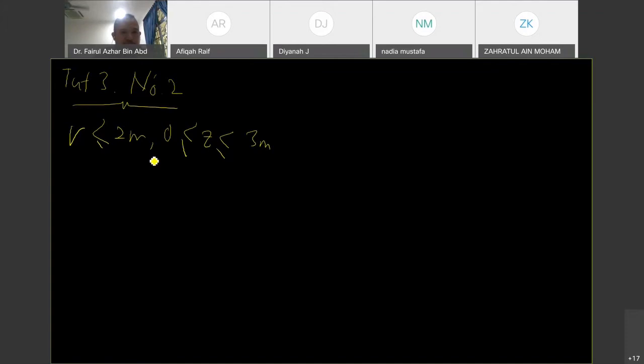We are given rho v equal to 20 Rz millicoulomb per meter cubic.